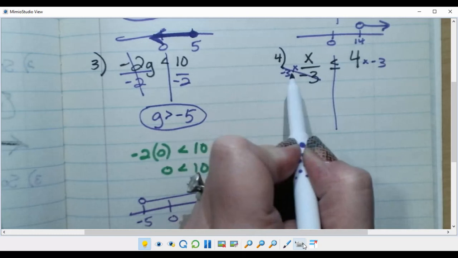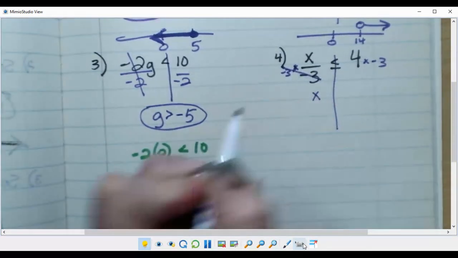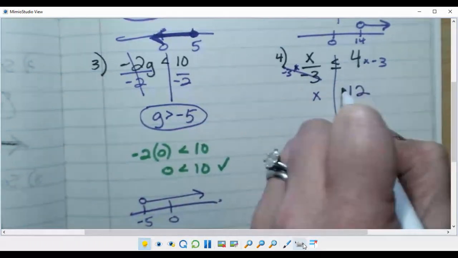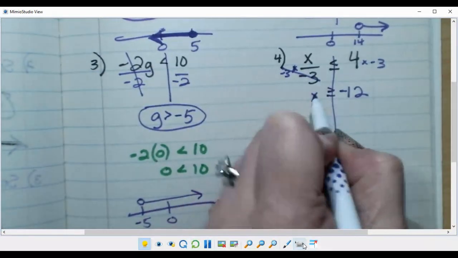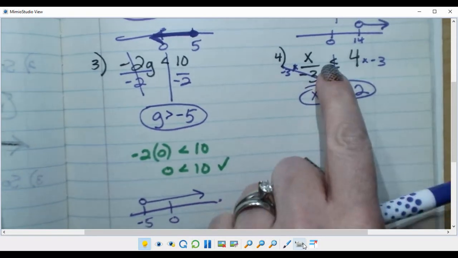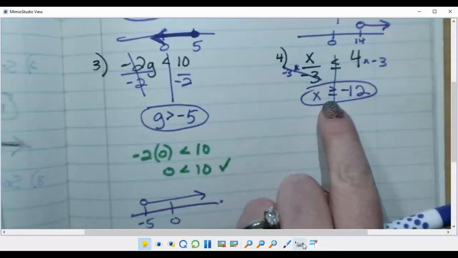So here, the -3 and the -3 cancel out, and I'm left with x. On the other side, 4 times 3 is 12 with the negative sign. Because the negative was attached to the letter, the symbol in the middle must reverse. So I started with a less than or equal. Now I'm going to go to a greater than or equal. Can you see how they flipped?